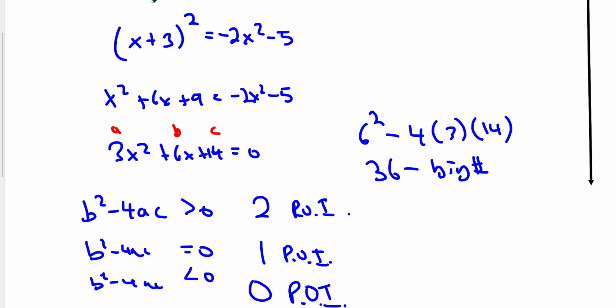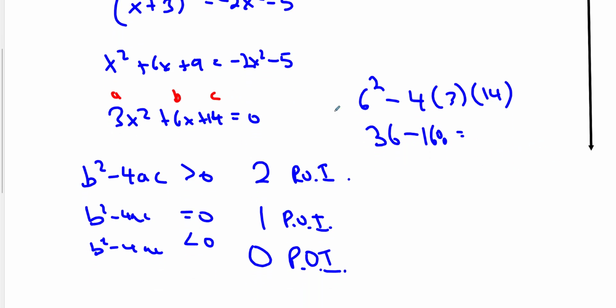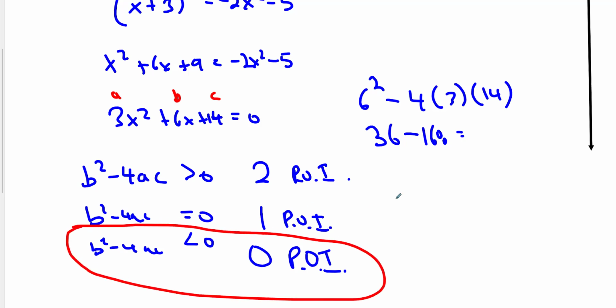What's 12 plus 14? 144, 146, 168. Would you get? Negative what? All right, doesn't really matter. You get a negative number, so it's going to be this scenario here. So there should be no point of intersections.